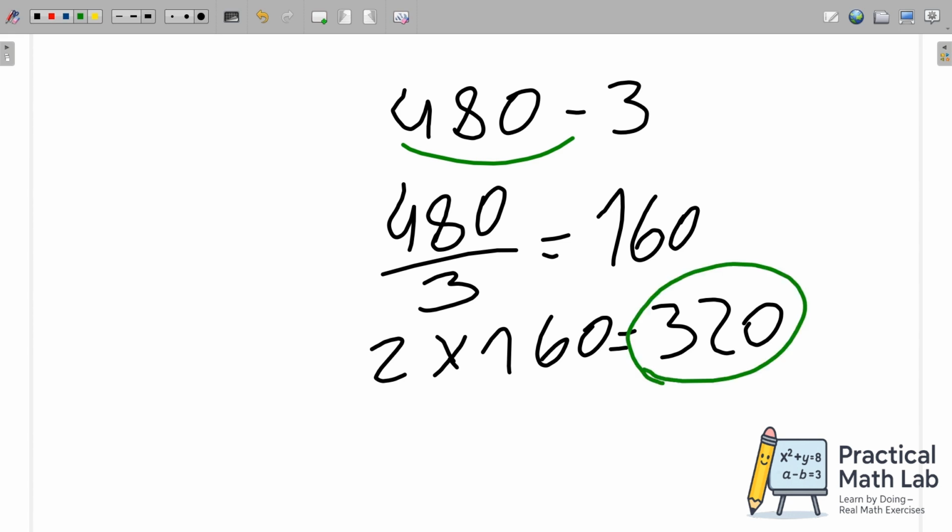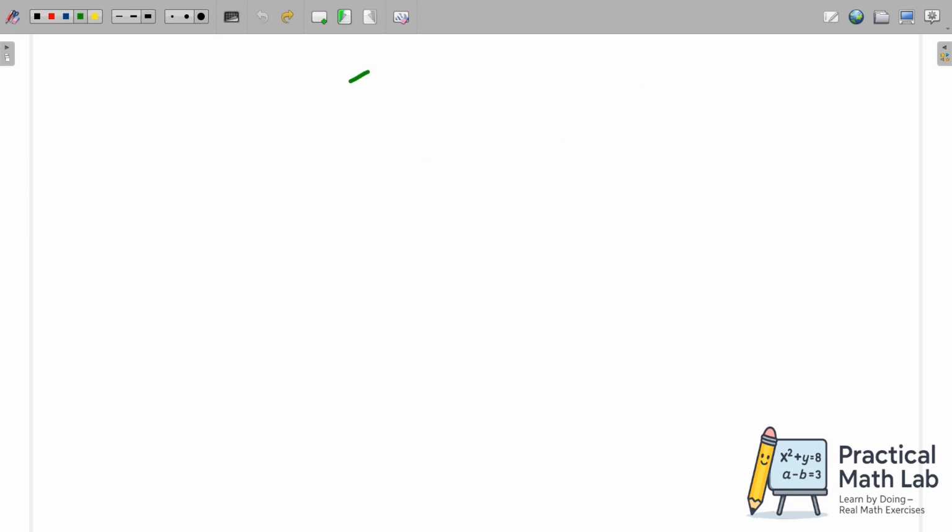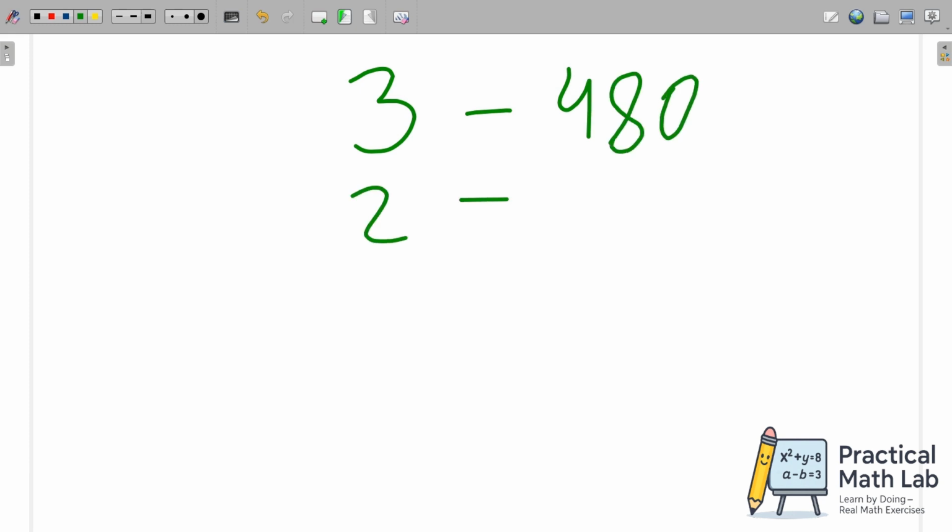There's another way to solve this problem. If 3 parts is equal to 480, 2 parts is equal to, we don't know, so it's x. Now just use the rule of 3 here to find the values.